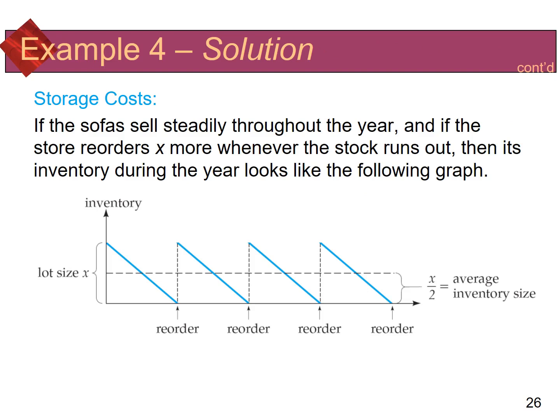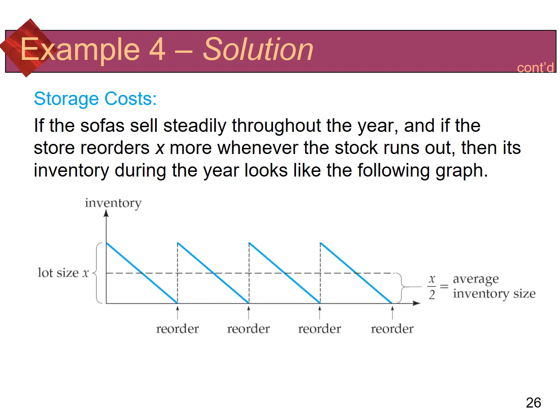As far as storage cost goes, if the sofas sell steadily through the year, and if the store reorders x more whenever the stock runs out, so basically we're saying the store is going to reorder this many each time, then in general the average inventory is going to be x over 2. Basically halfway between the highest amount of your inventory and having nothing at all when you have to reorder.